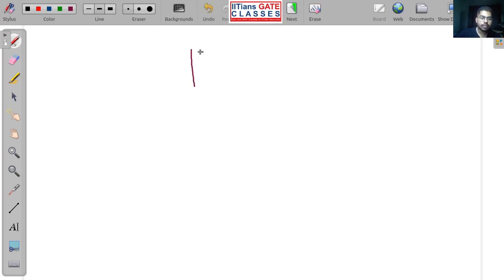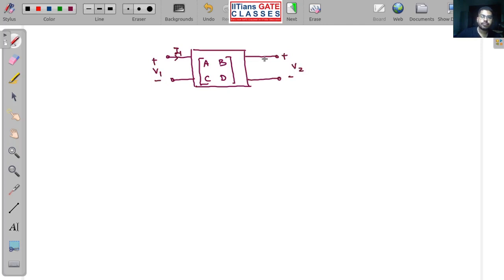Look, when I have a two-port network like this, having ABCD parameters like this, this equation is valid.